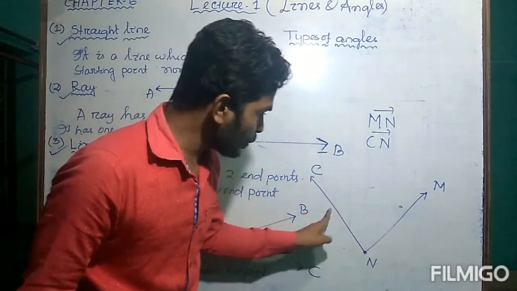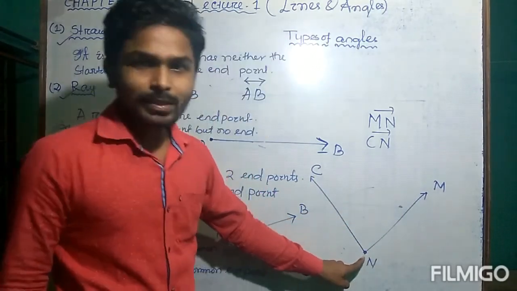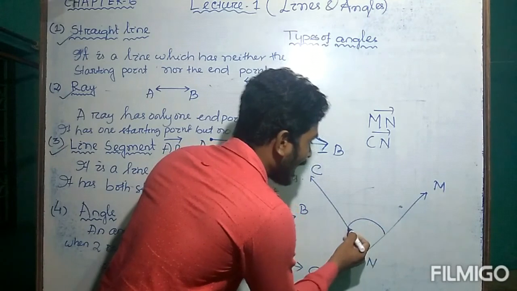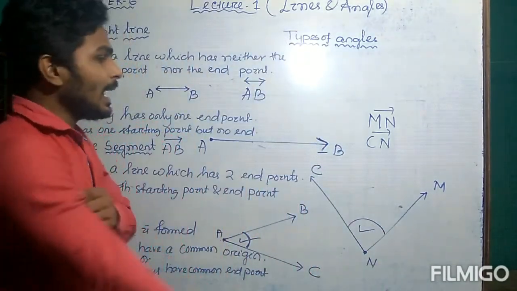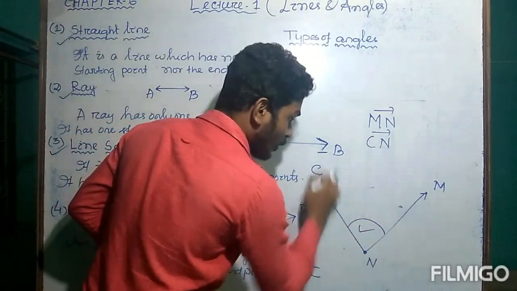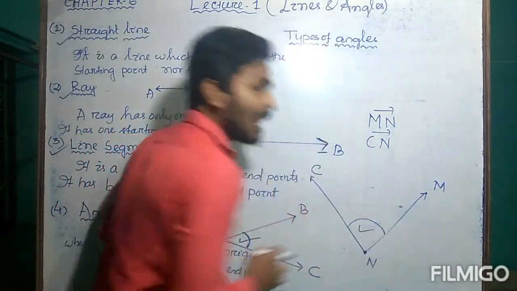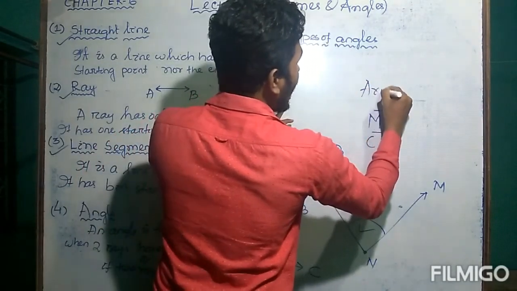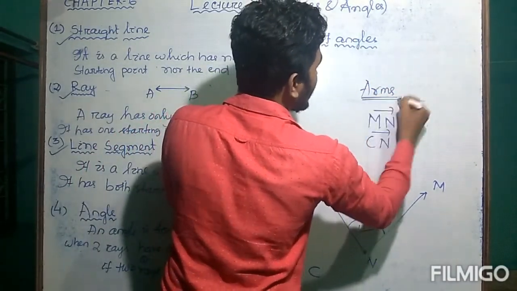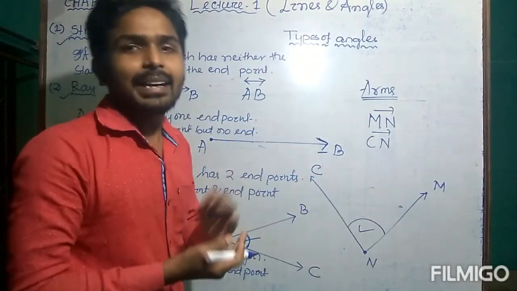Now you can see these two rays have the same origin point, so they will make an angle in between them. Okay, this is known as angle. Right? Now for this angle, these two rays are known as arms of the angle. What are they? They are known as arms, or they are known as sides.